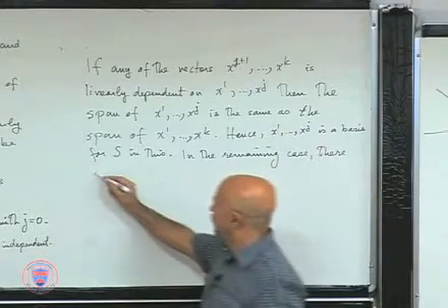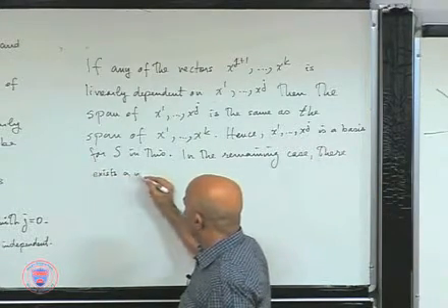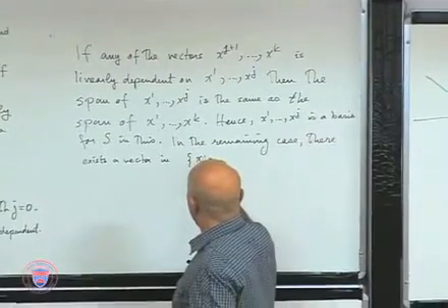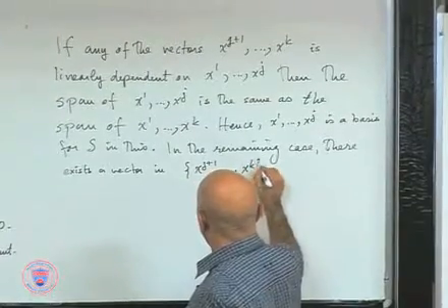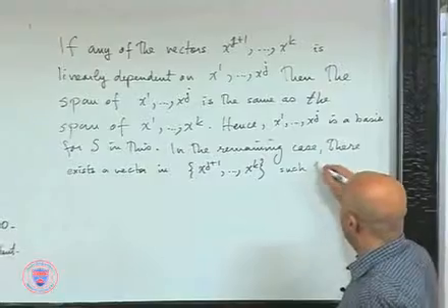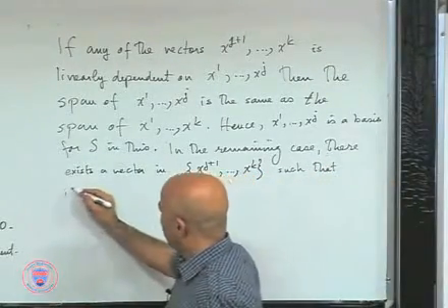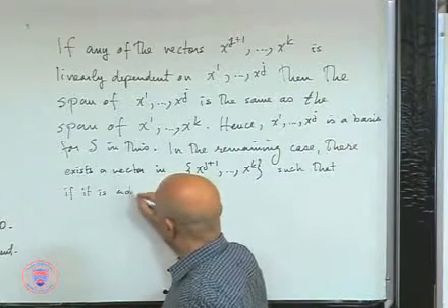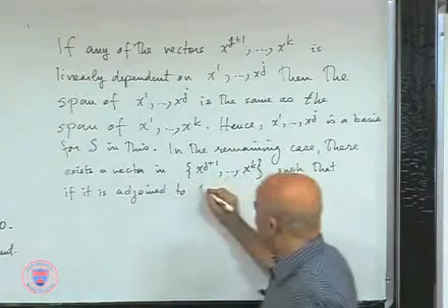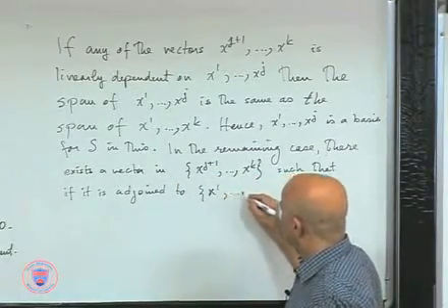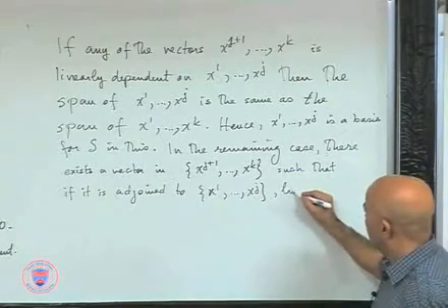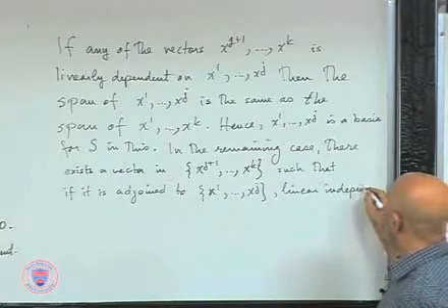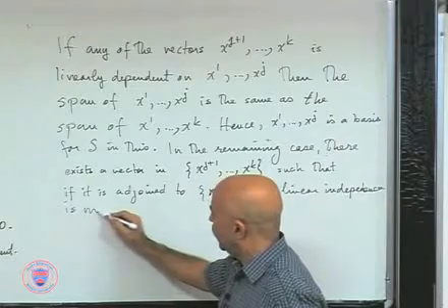So in the remaining case, there exists a vector in the set consisting of xj plus 1 through xk such that if it is adjoined to the set x1 through xj, linear independence is preserved or maintained.